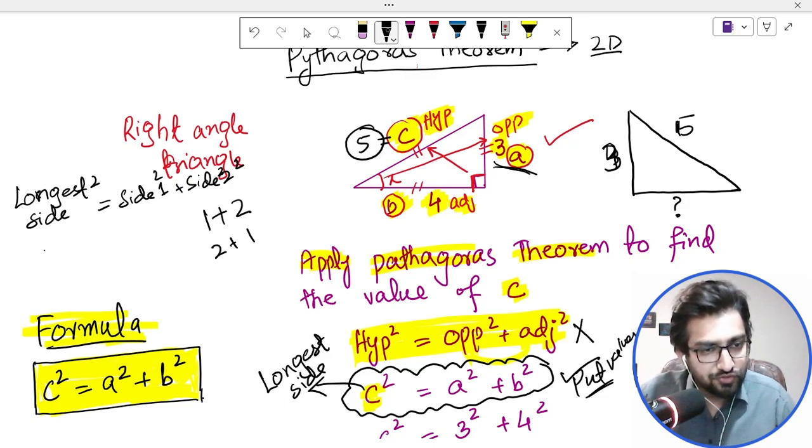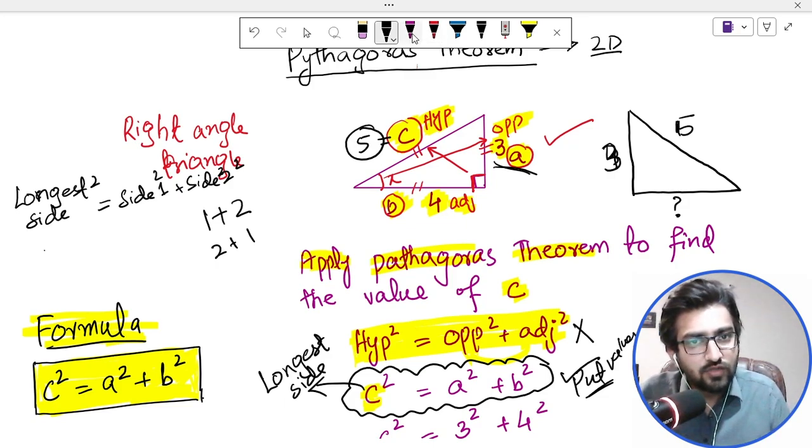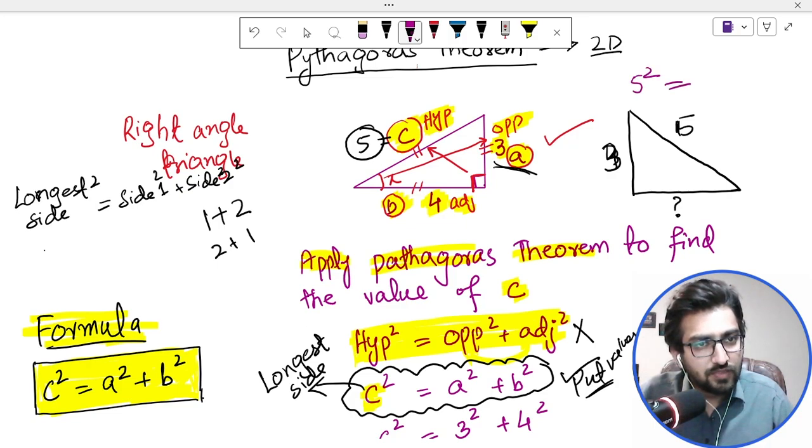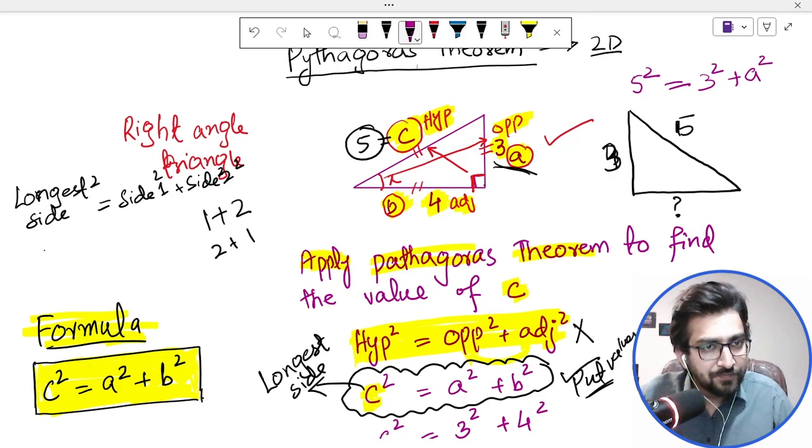So the simple version is take the square of the longest side. So longest side is 5, so 5 square equal the other two sides squared. So 3 square plus, which is unknown, so call that as a. You will call that as a square, right?